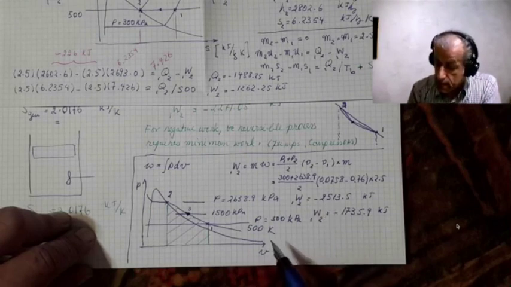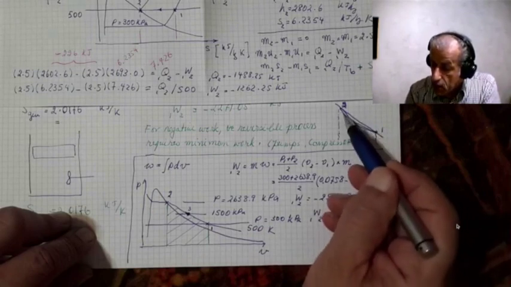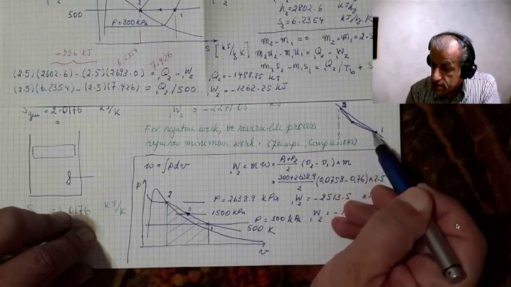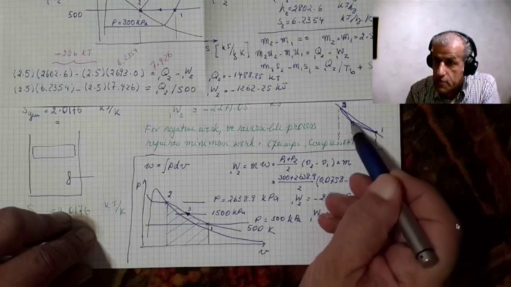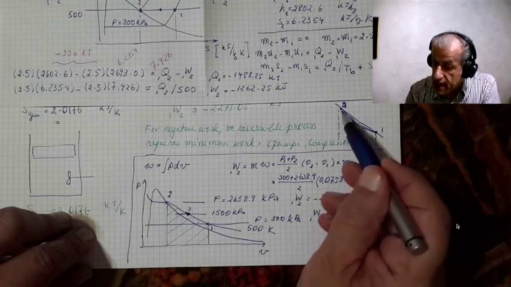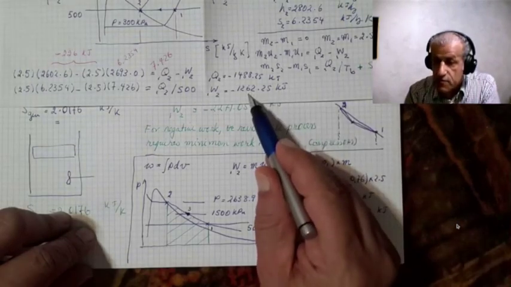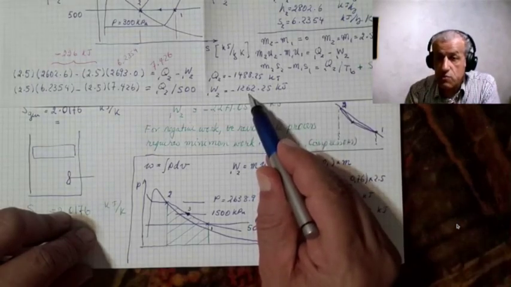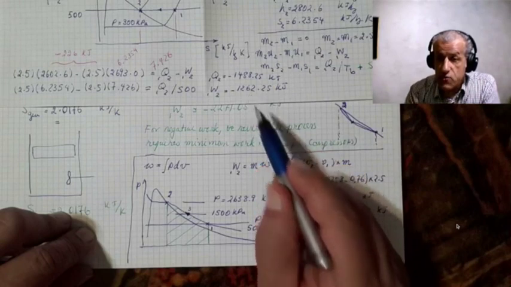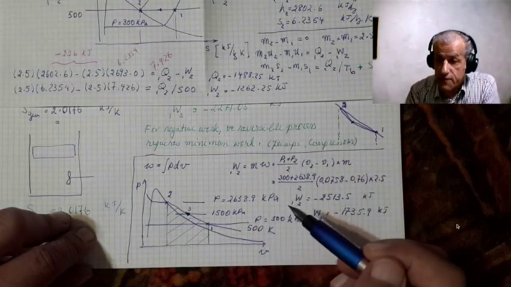And if we take all these points along this curve, and use infinite number of straight lines, then the answer we would get should be 1262.25.